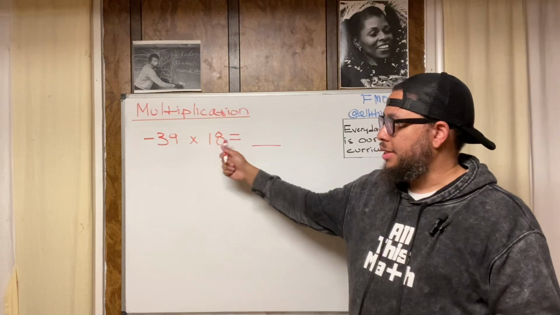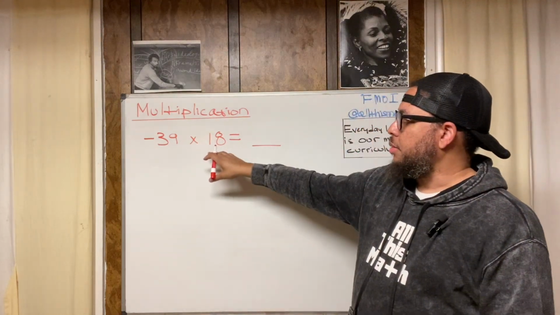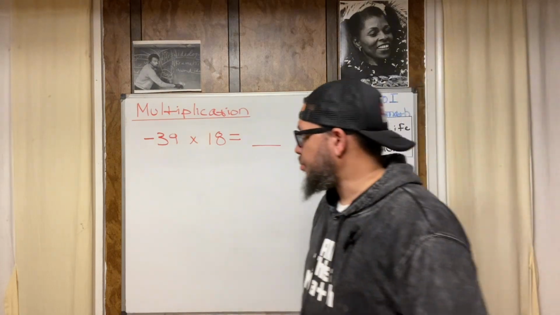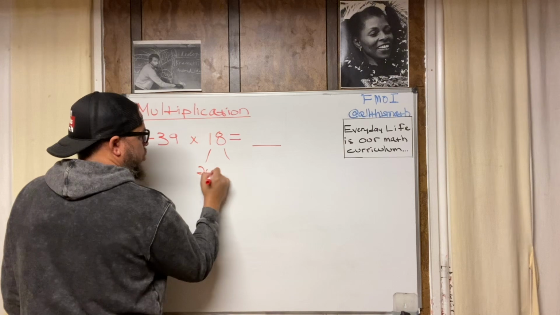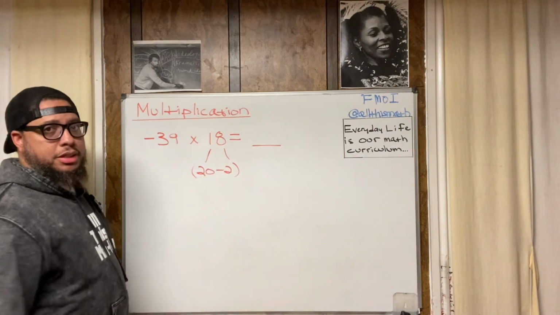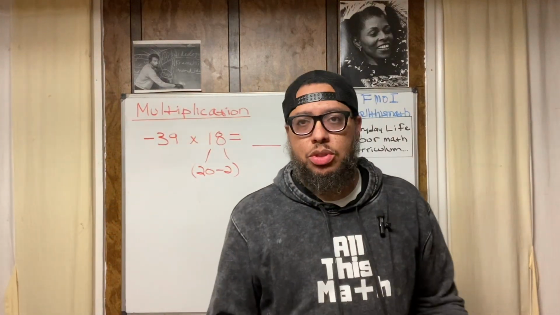I'm gonna mess with the 18, since that's positive. I'm not gonna break it up, but I'm gonna convert it into 20 minus 2. Recognize this: 18 is equivalent to 20 minus 2, because 20 take away 2 is 18.